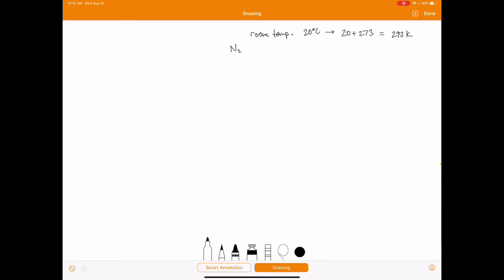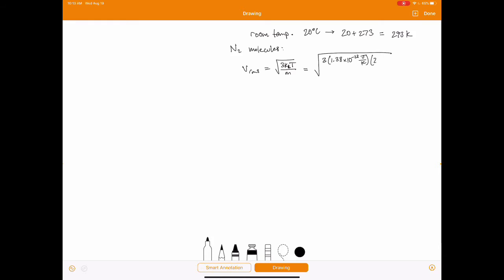So let's start with the nitrogen N2 molecules. Well, VRMS is given by the square root of 3 times Boltzmann's constant times temperature divided by the mass. Okay, so we have 3 times Boltzmann's constant, which is 1.38 times 10 to the minus 23 joules per Kelvin.